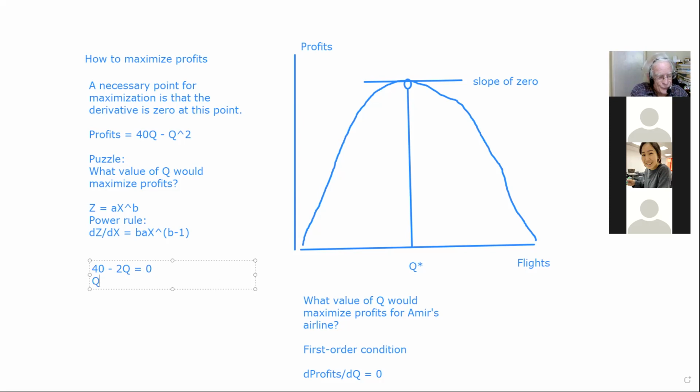So it appears that Q star in this case is equal to 20.